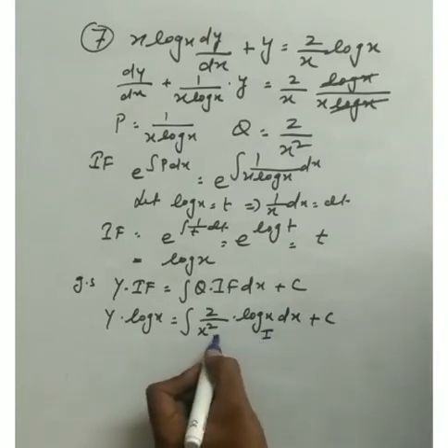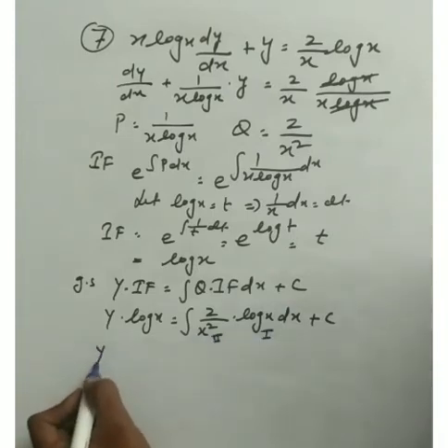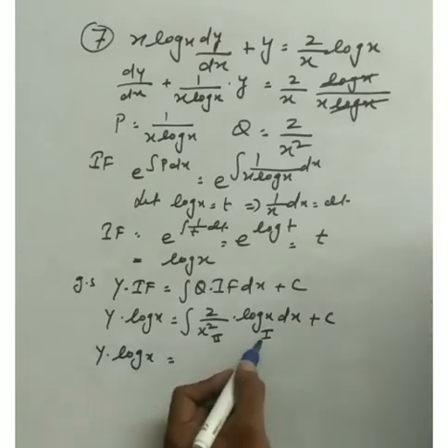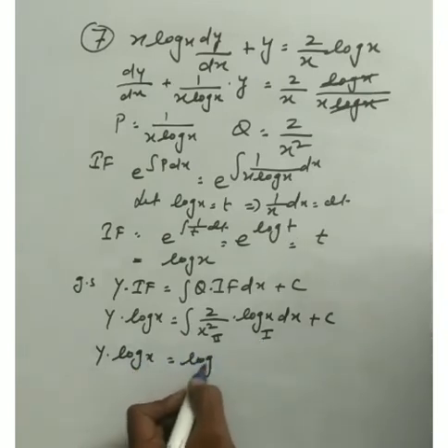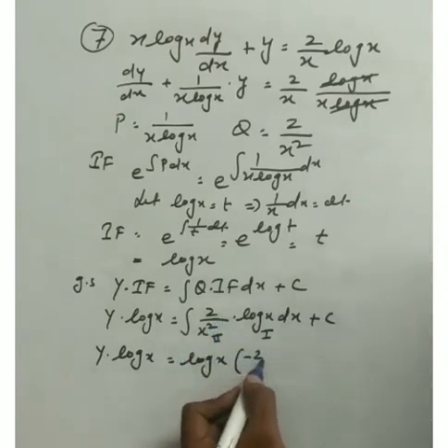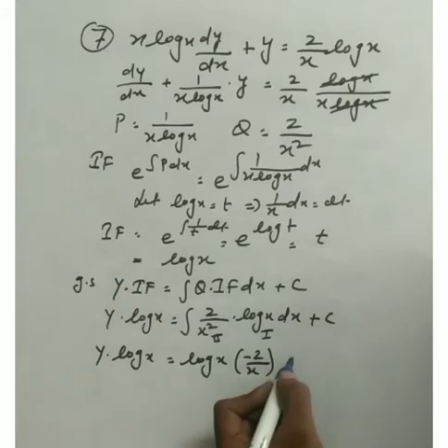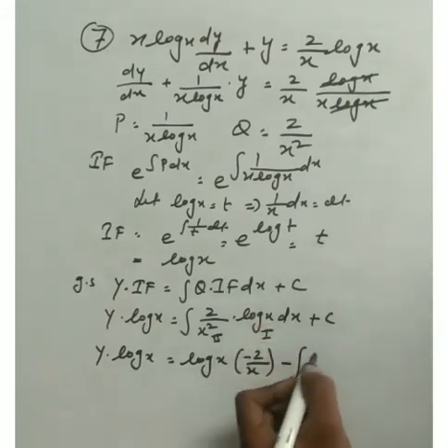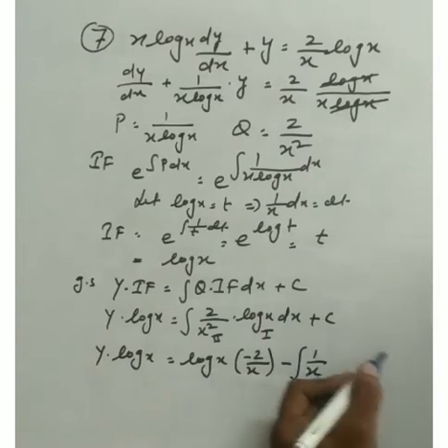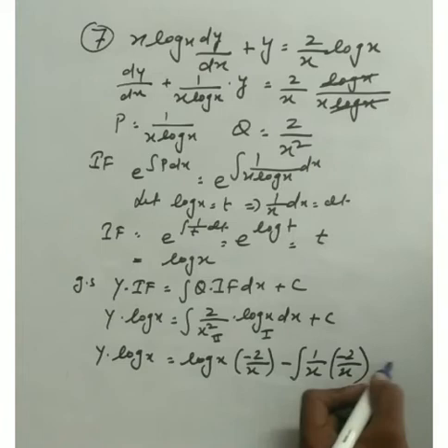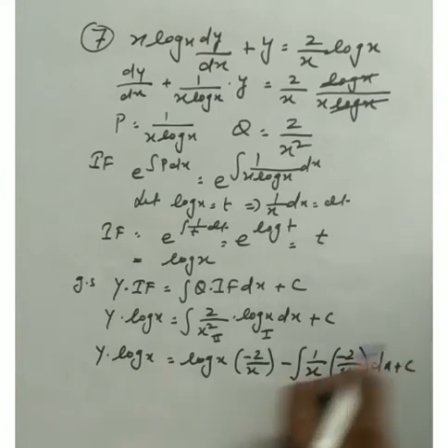This is first function, this is second function. Y log of x. First function log x, integration of this, minus 2 upon x, minus integration of differentiation of first, which is 1 upon x, integration of this is minus 2 upon x, dx plus c.